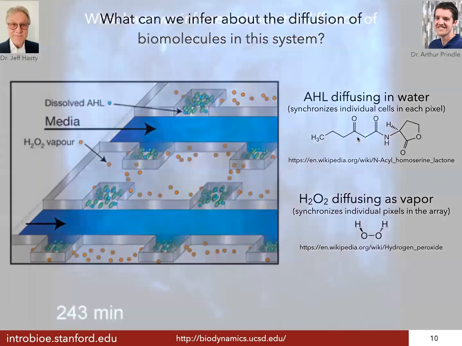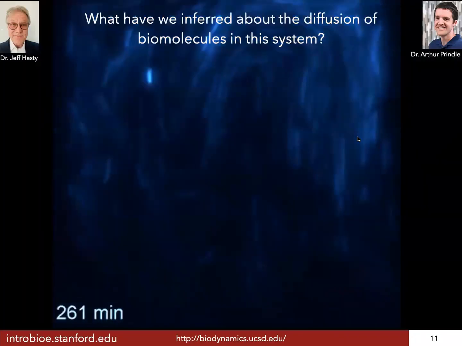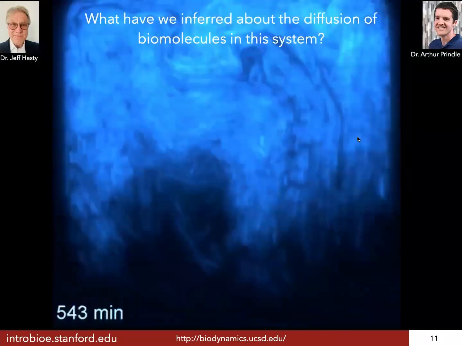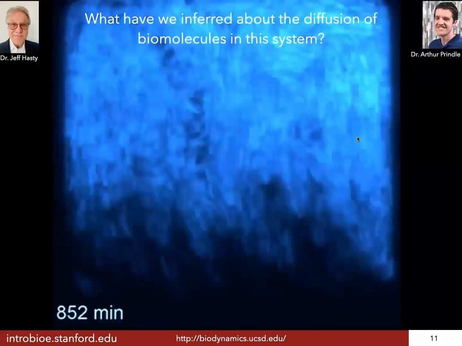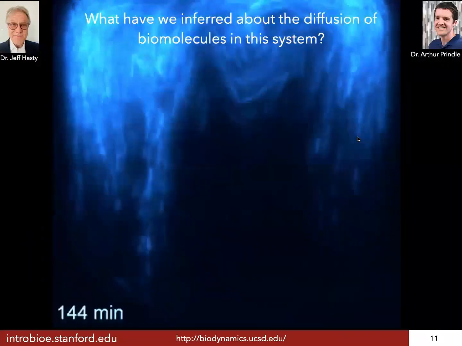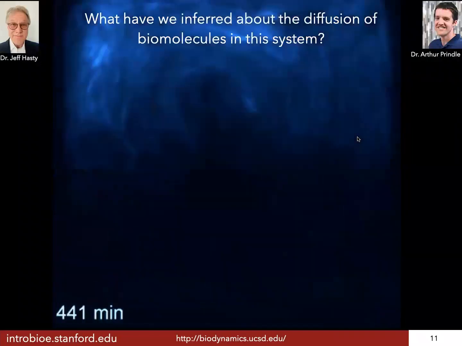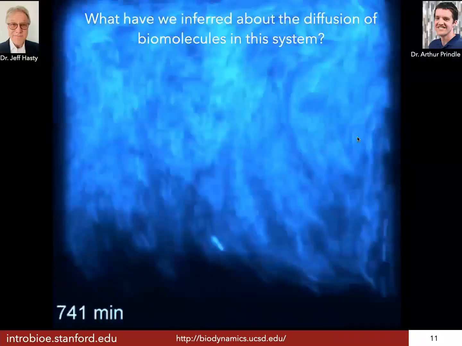Awesome. Now let's go back and see if we understand this better. So this is an individual pixel. We see about 5,000 cells in this pixel. They're running a genetic oscillator. When the oscillator is at midnight or noon, their cells are blue. When it's 6 a.m. or 6 p.m., the cells are dark. I don't mean that literally, like that's the time on the clock. I'm just giving you a sense of tracking an oscillation in a clock.